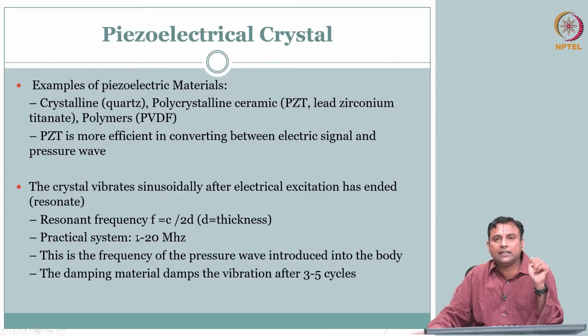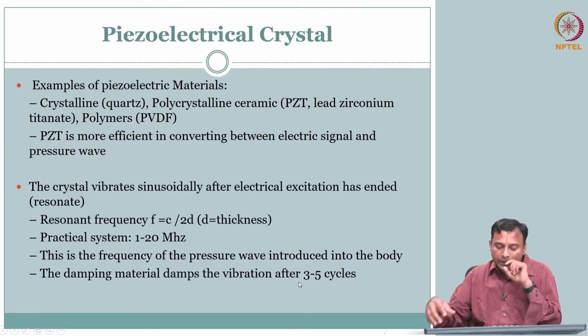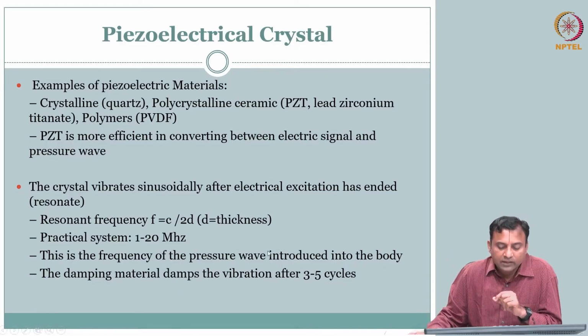So, practical systems are in the range of 1 to 20 megahertz. Of course, you do not just introduce this continuously, we will usually damp it so that about 3 to 5 cycles go in. Okay. So, this is the pressure wave that is introduced into the body.